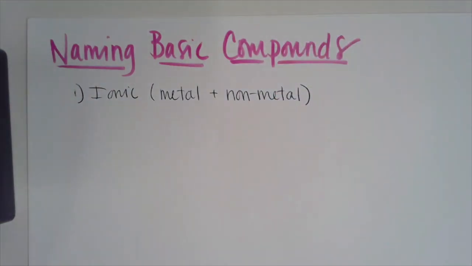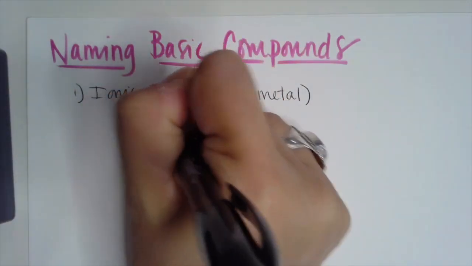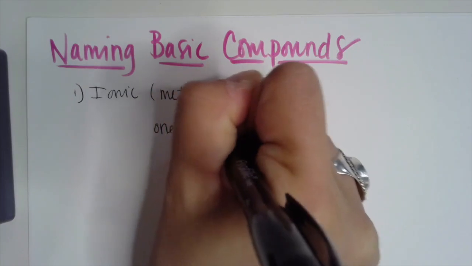However, the periodic table does have a couple different types of metals, and like we talked about before, some metals have more than one charge and other metals have only one charge. The first type that I'm going to show you how to do is when your metal has only one charge. These are very easy to name.